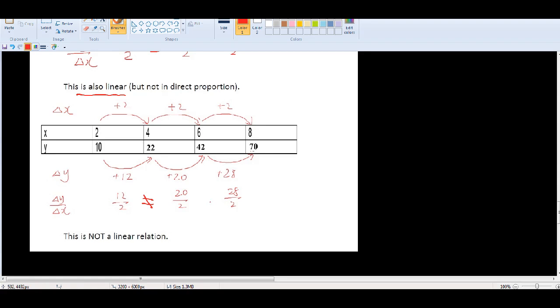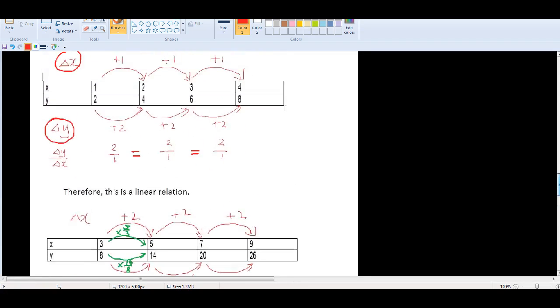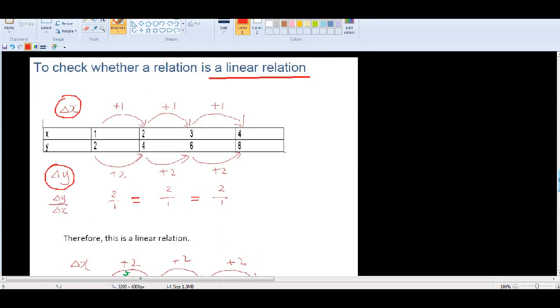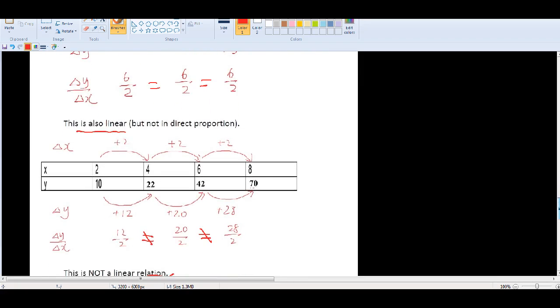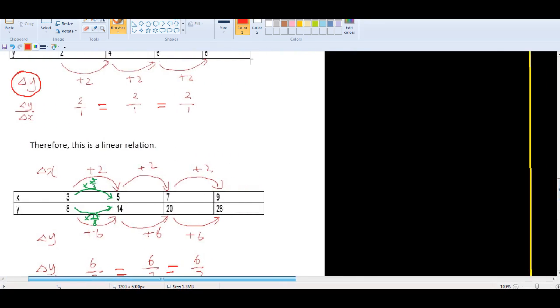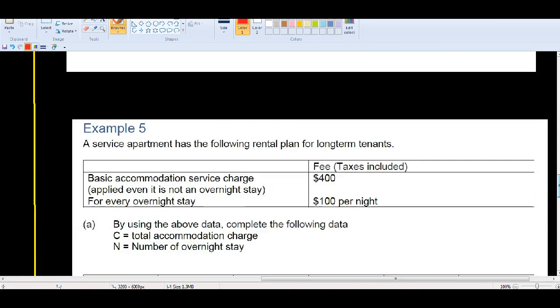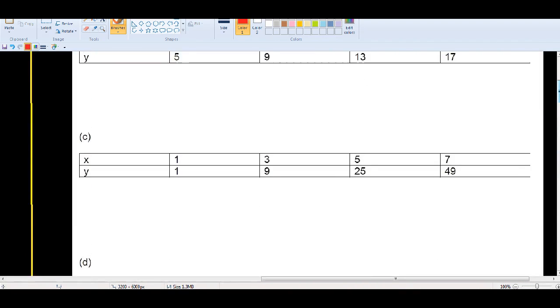So they're not equal. So this is not a linear relation. That's the way we figure out whether a pattern is a linear relation, and it's different to the way we check whether a relation is in direct proportion.